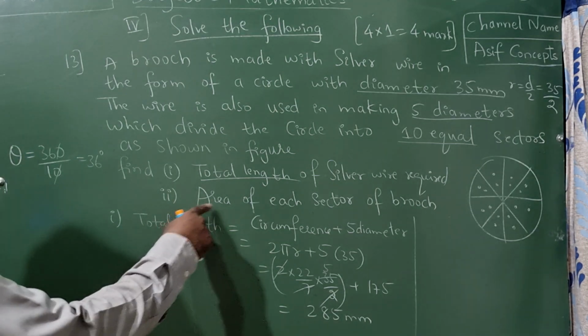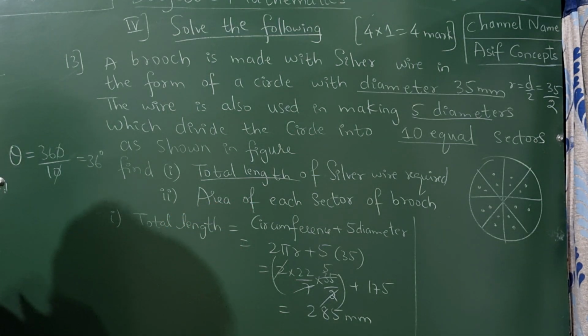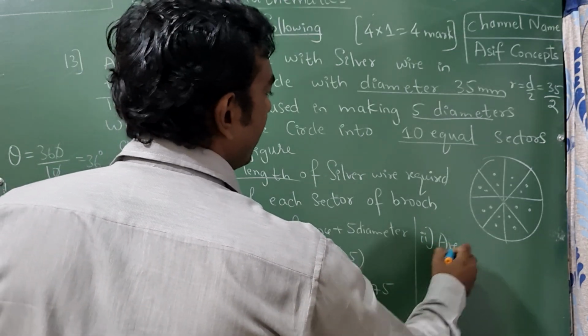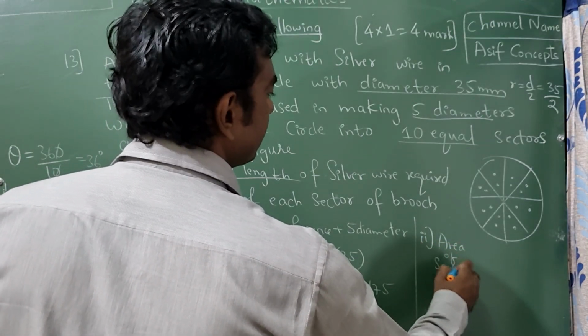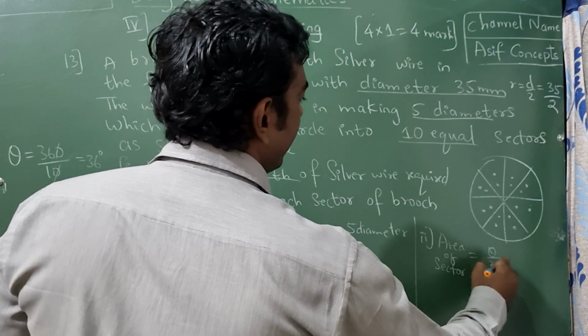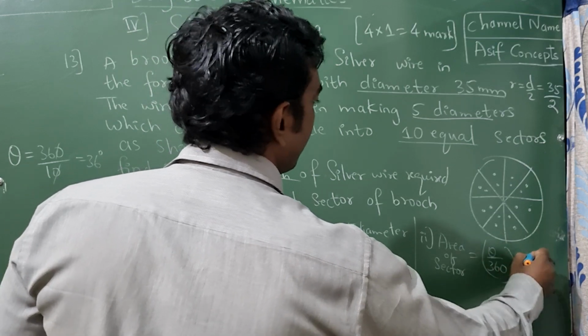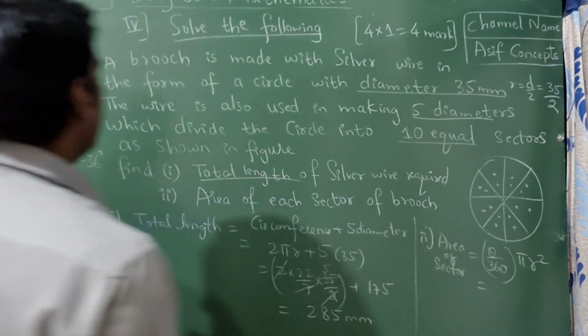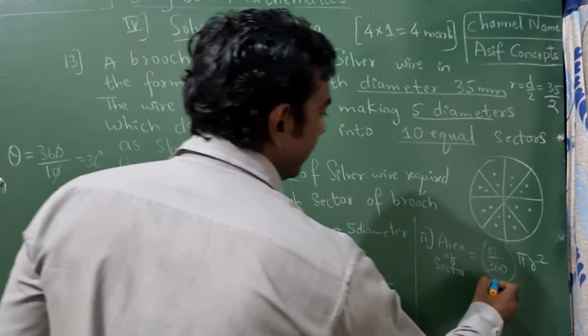Now second question, they are asking the area of each sector. So you can use this formula, area of a sector formula, that is theta divided by 360 into pi r square. Now what is theta from here? It is 36 degrees.